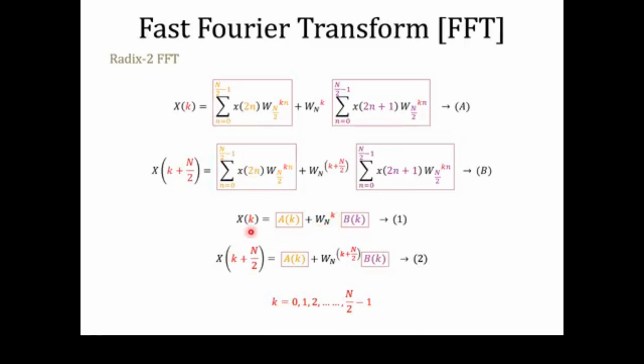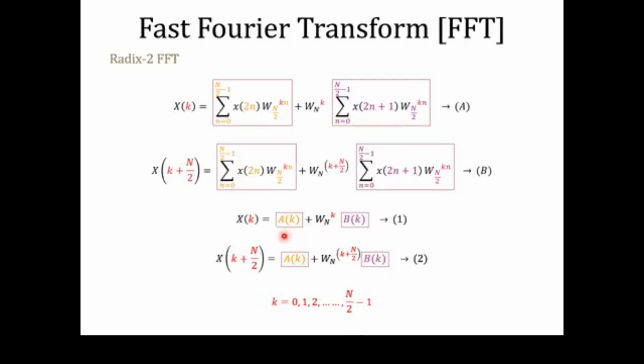Similarly, X of 1 can be calculated by adding or combining A of 1 and B of 1. Now what is A of 1 and B of 1? A of 1 will represent the second sample of the first 4-point DFT output. Similarly, B of 1 will represent the second sample of the second 4-point DFT output. But before this addition, we have to multiply the B of 1 sample with W8 of 1. Similarly, you can calculate X of 2 and X of 3 in a very similar way.